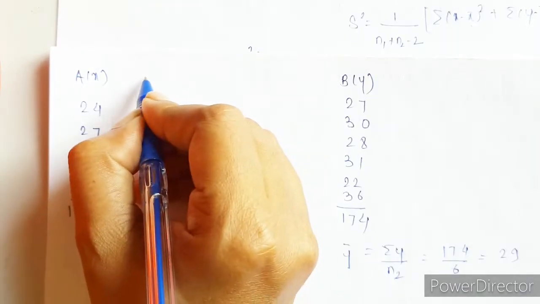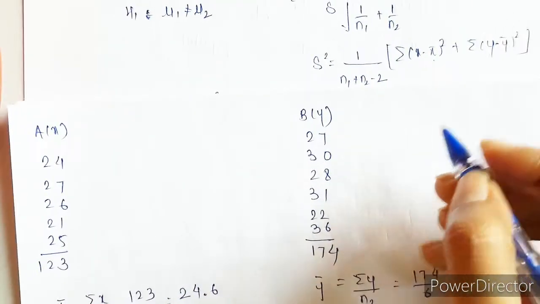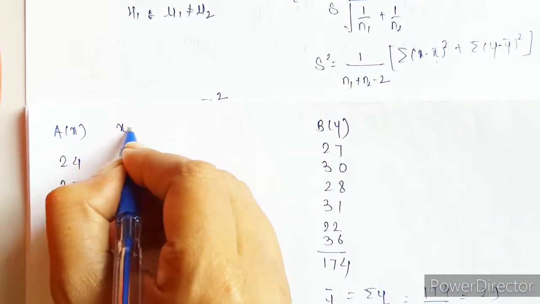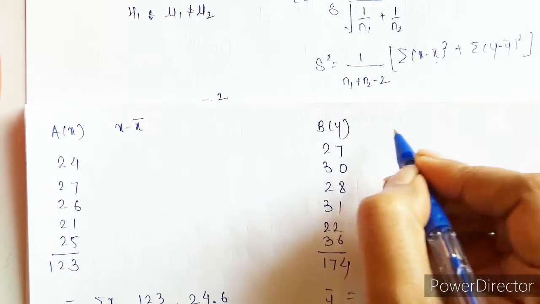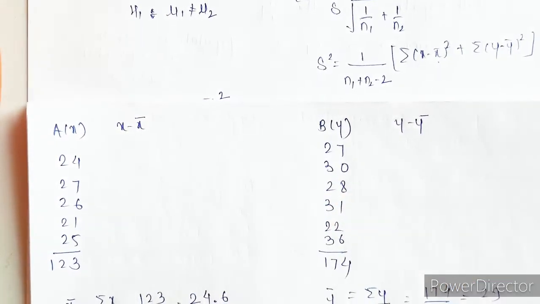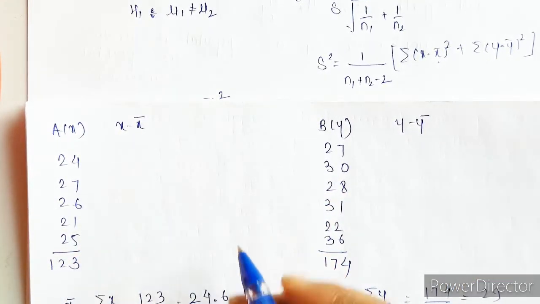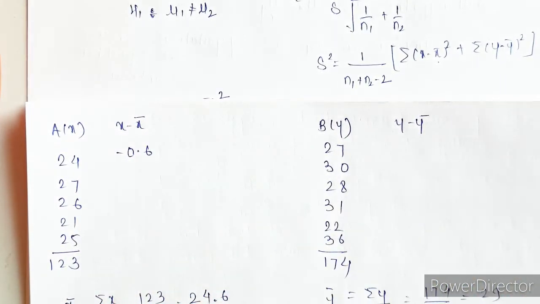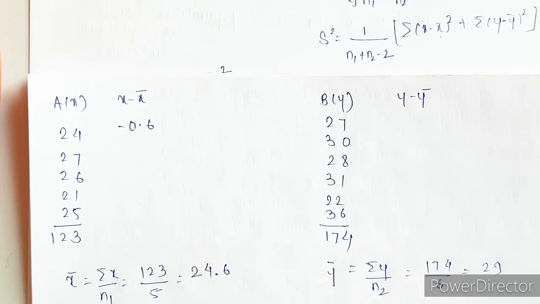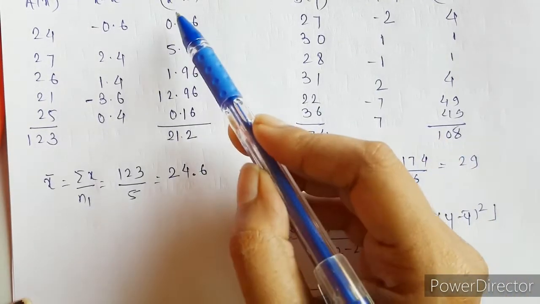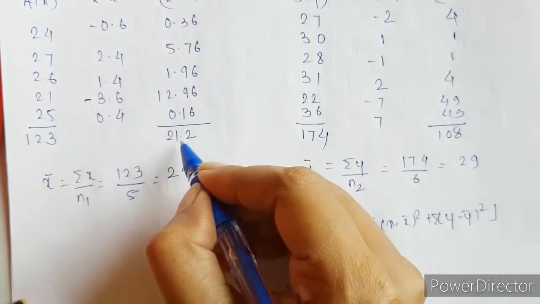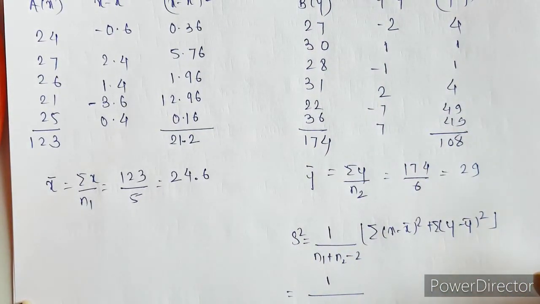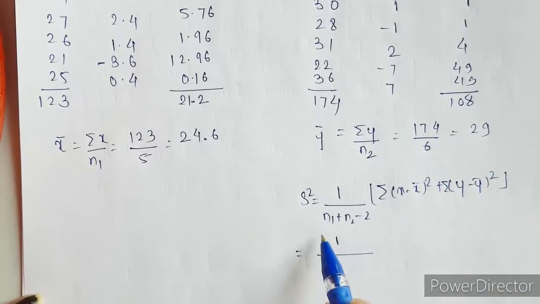Now we need to calculate s, and for that we need x minus x bar whole square and y minus y bar whole square. So 24 minus 24.6 will be minus 0.6. Calculating these values, the summation of (x minus x bar) whole square is 21.2, whereas the summation of (y minus y bar) whole square is 108.